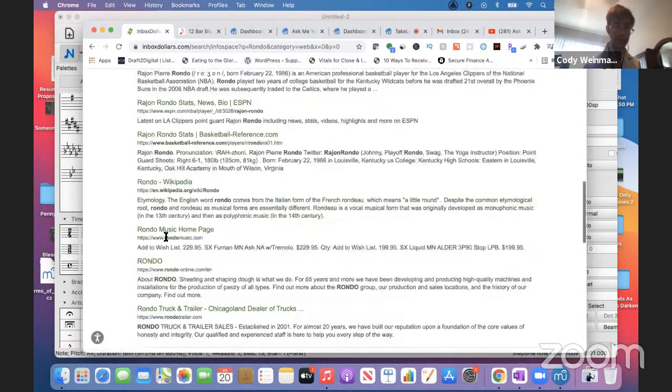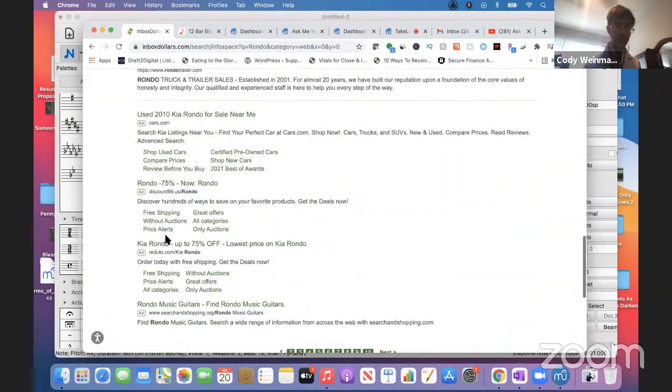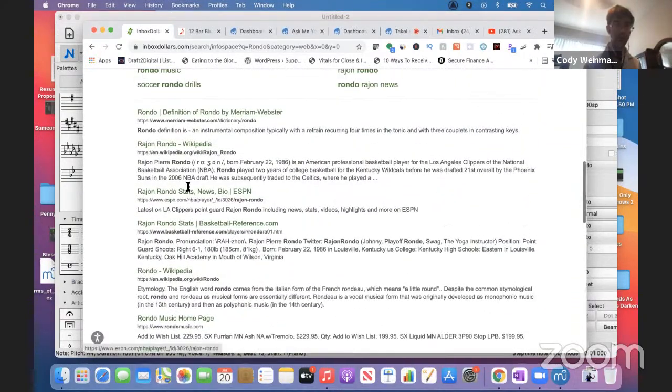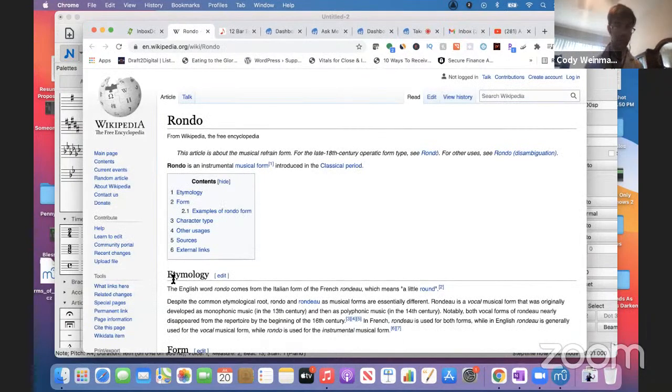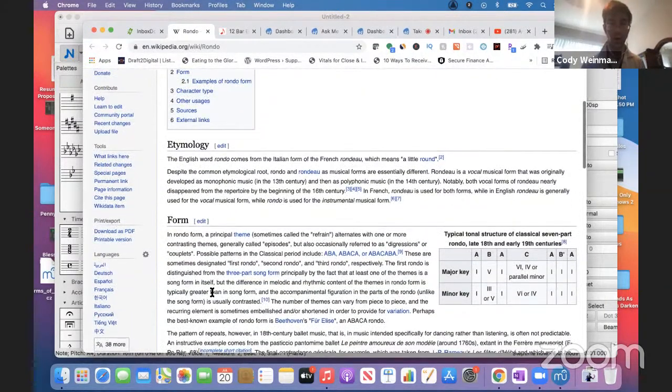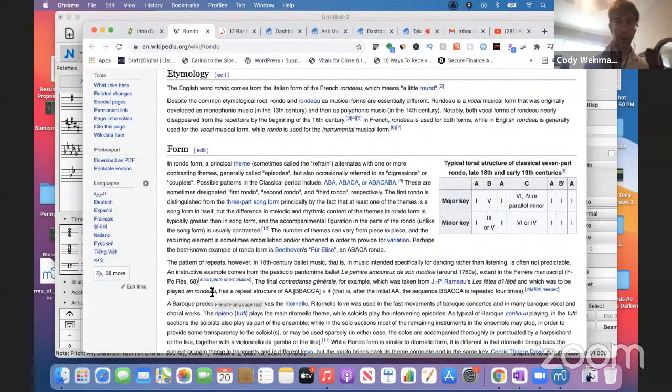Well, couplet would mean they have some sort of different form, two sets of two different types of rondos. Basically, the principal theme, sometimes called the refrain, alternates between one or more contrasting themes called episodes.